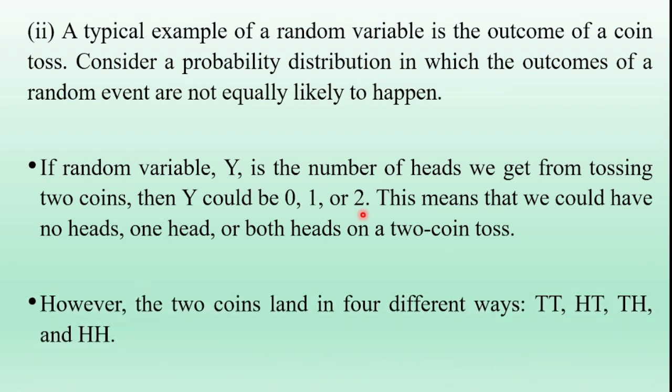Tossing two coins, the total outcomes of the experiment are 4. Next, find the probability of getting 0 heads, 1 head, and 2 heads. According to the definition, probability is equal to the number of favorable outcomes divided by the total number of outcomes of the experiment.